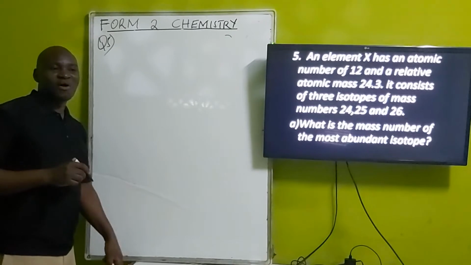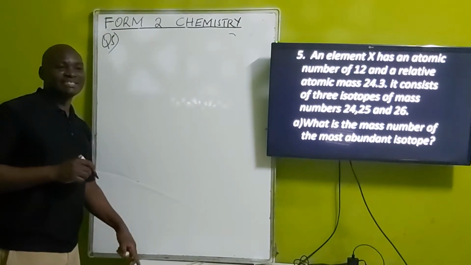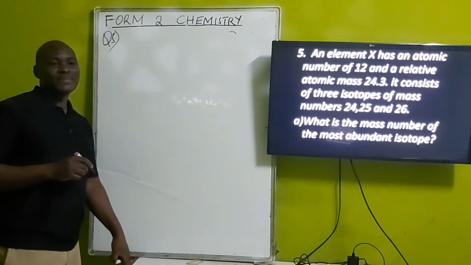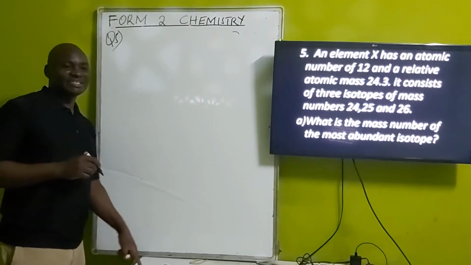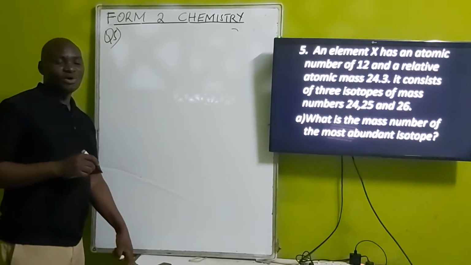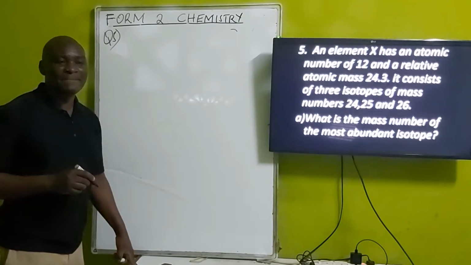It consists of 3 isotopes of mass numbers 24, 25, and 26. What is the mass number of the most abundant isotope?